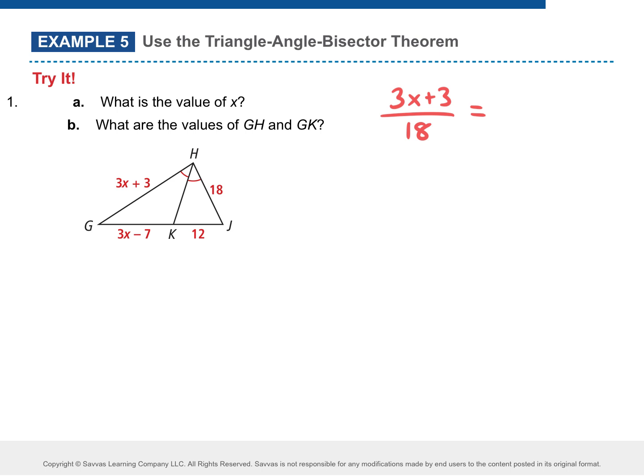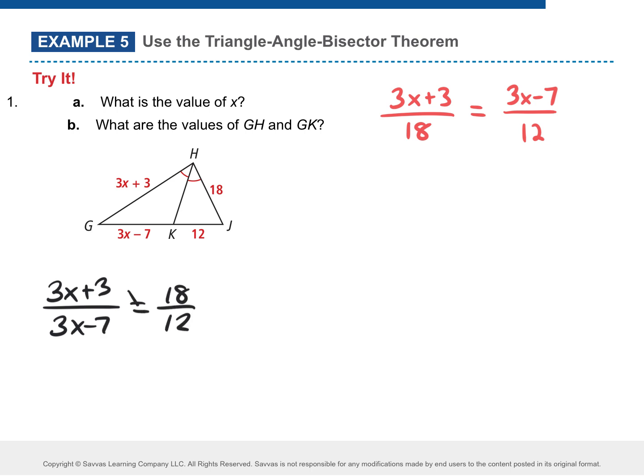What would come on the other side? 3x minus 7 over 12. Okay. I'm going to write a different example over here. If I started with 3x plus 3, what else can I relate it to other than 18? 3x minus 7. So then the other ratio would be 18 over 12. Again, if you cross multiply both of these, you should still get the same answer.